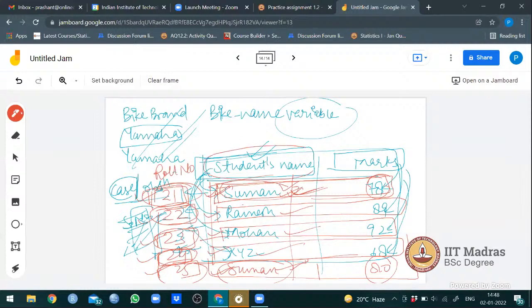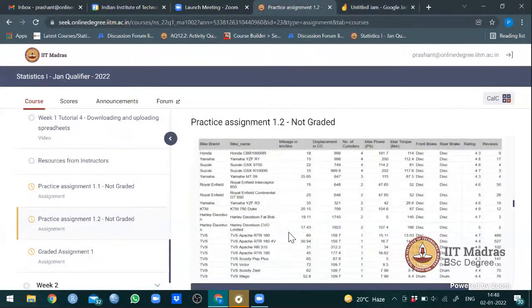Student name is a variable because it is varying. In the bike table, Yamaha is repeated, Yamaha and Yamaha. That's why it's not a case.